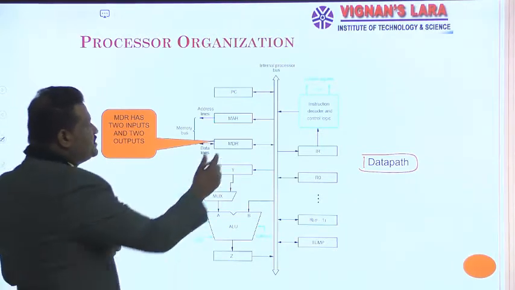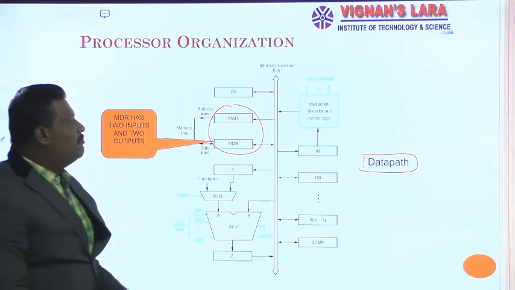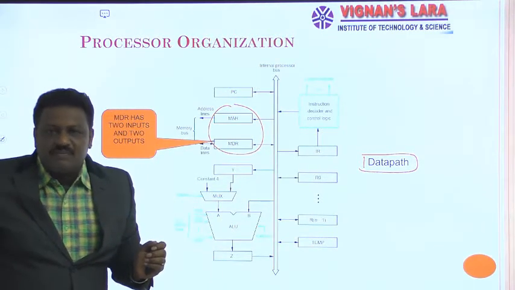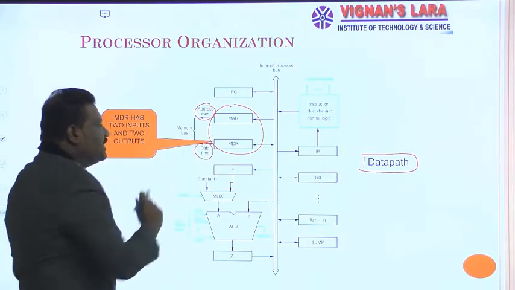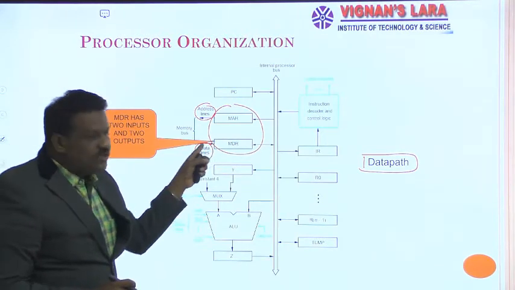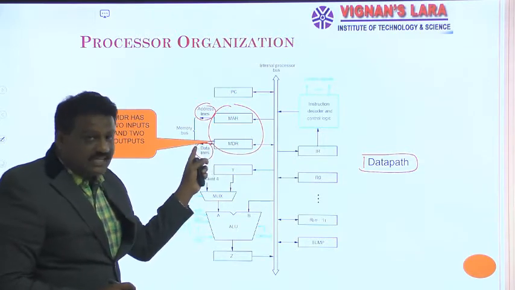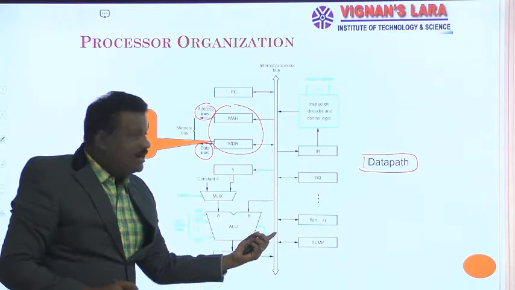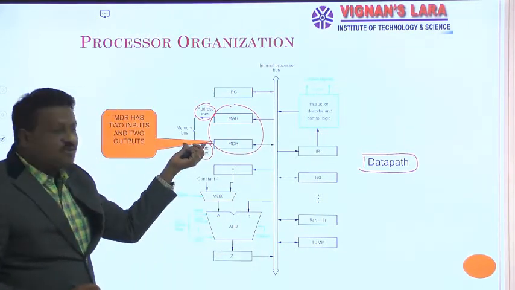With the help of these 2 registers, that is MAR and MDR, my CPU or processor can communicate with the memory with the help of address lines as well as data lines. So the important thing is, if you observe this diagram, this MDR has a bidirectional bus connection. It is connected to the internal bus as well as to the data bus.